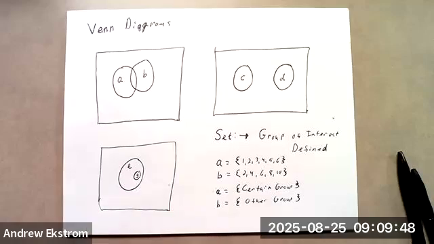With both of those, I'm talking about groups of people. So we may say group A are female students here at SVSU, group B are engineering students here at SVSU. Okay.